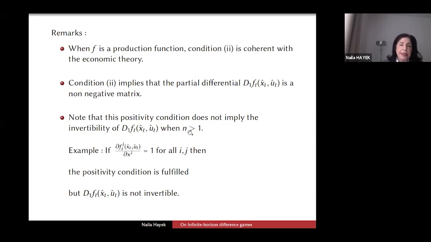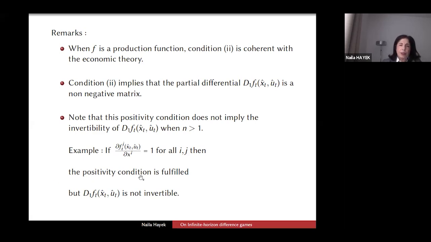But if n is greater than 1, if we take an example, if, for example, all the partial derivatives are equal to 1, for all i and j, then you have a square matrix which contains 1 at every place.